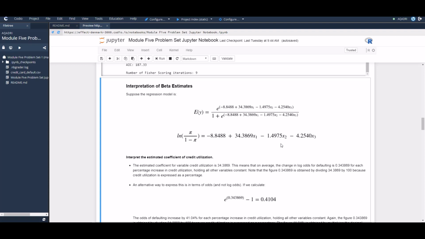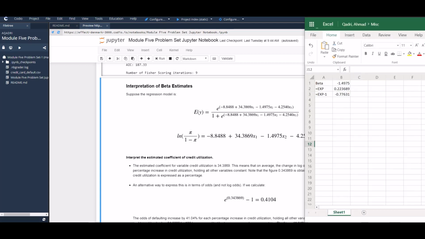So when you have someone with a college education, then relative to a person with non-college education, you would have log odds decreasing by 1.4975 units. And similarly, we can express that in terms of odds: for a college educated individual, your odds would decrease by 77.6%.